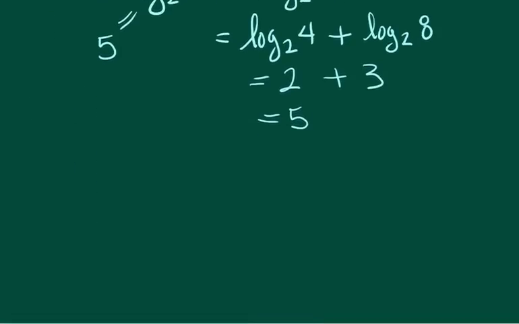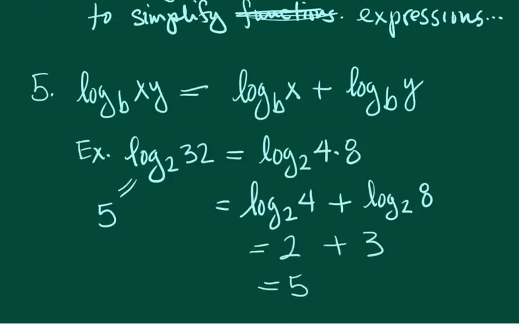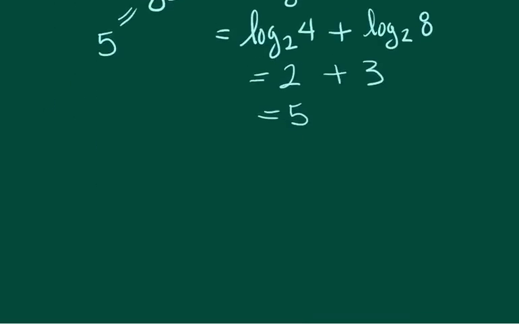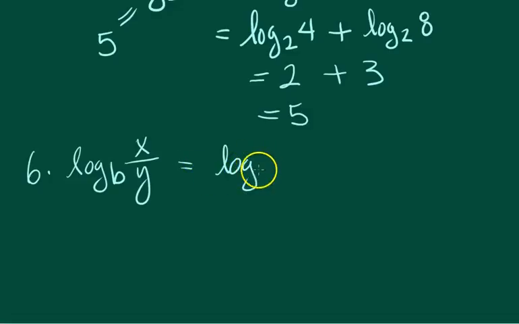Okay, so we have a rule for the log of a product. And we also have a rule for the log of a quotient. So the log base b of this quotient is the difference of the logs.